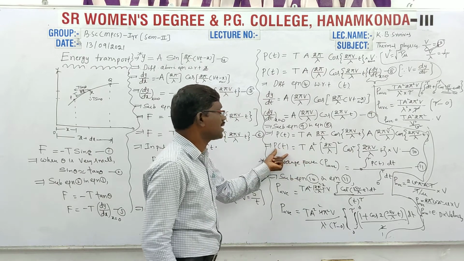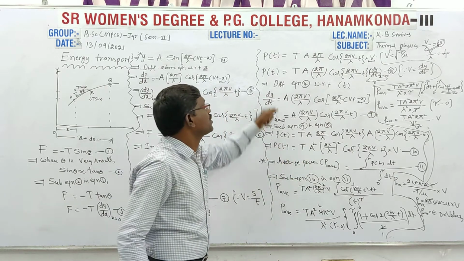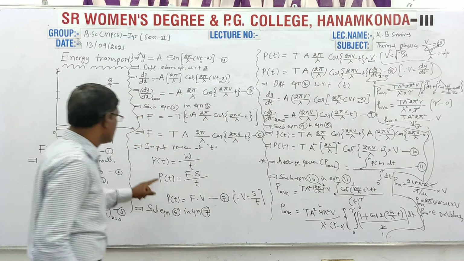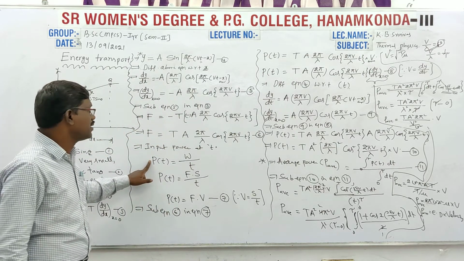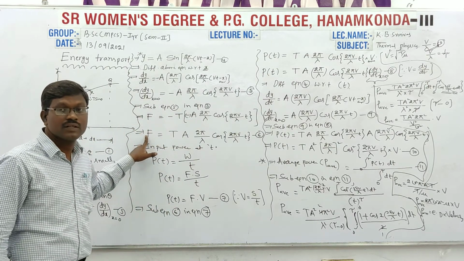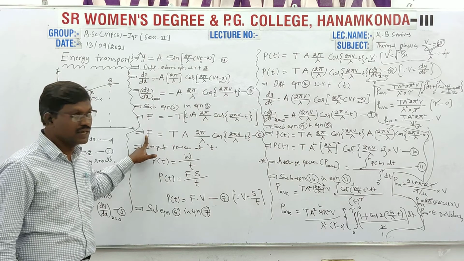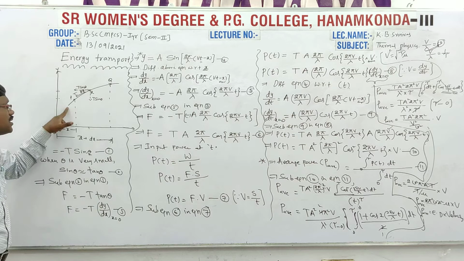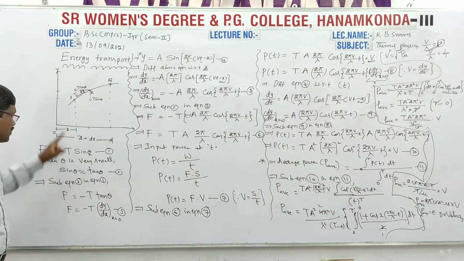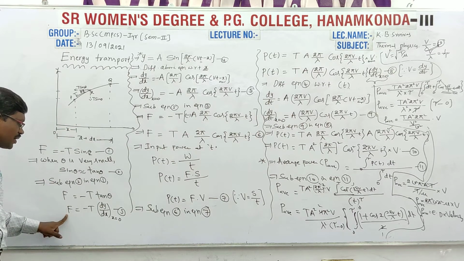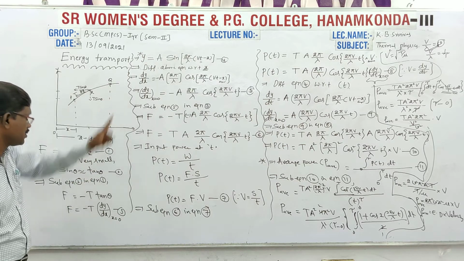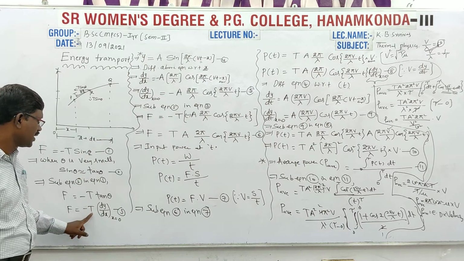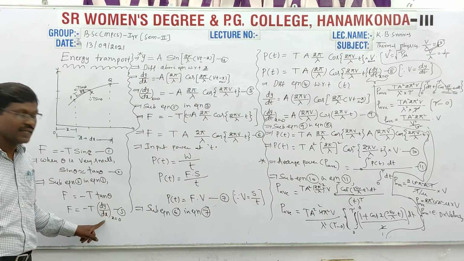To calculate average power, we need to calculate power. Before that, to calculate input power, we need to calculate the net force acting on the wire. To calculate that, first of all, we have to consider this diagram. So first of all, how much force is acting on this wire? That is F is equal to T into dy by dx at x is equal to 0.